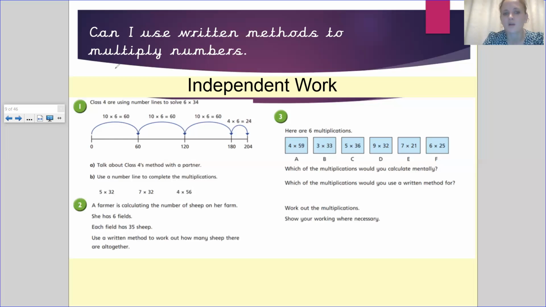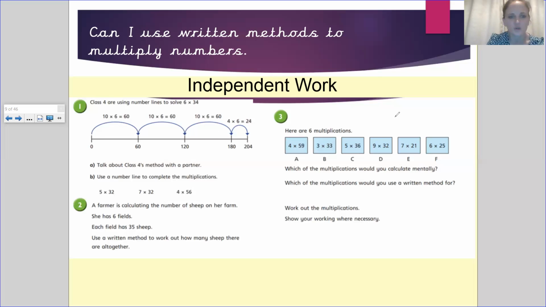And they have got an answer of 204. So explain to me what they've done in that way of working. And then using the number line and that technique, please can you complete the questions below? 5 times 32, 7 times 32, and 4 times 56.